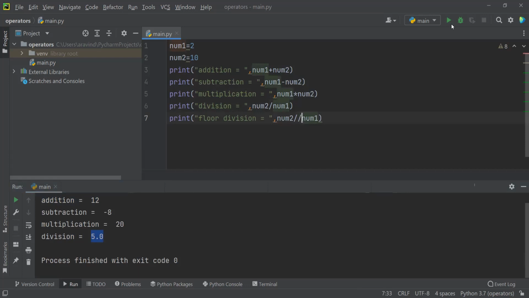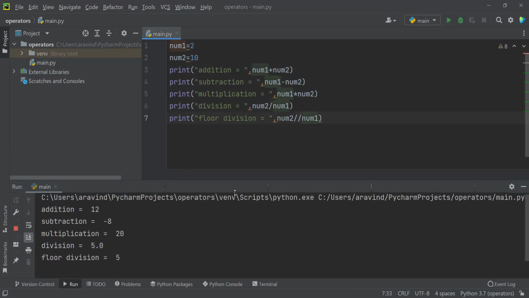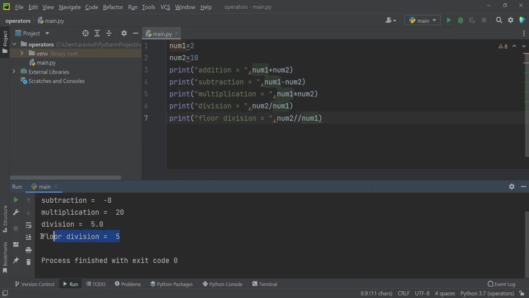When I run this program, you can see we have 5. In the previous division, we saw 5.0, which is the normal division. In the floor division, we have 5. This is the basic difference between division and floor division. It simply removes the decimal point from the result. That's what floor division does.